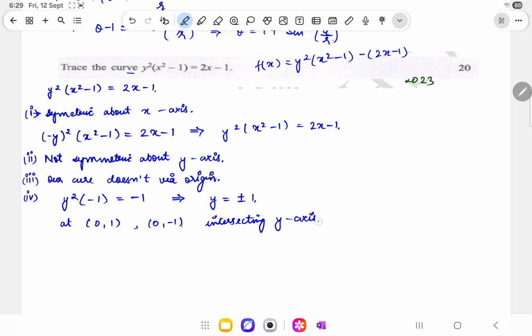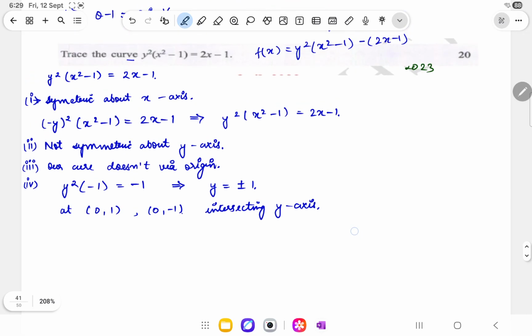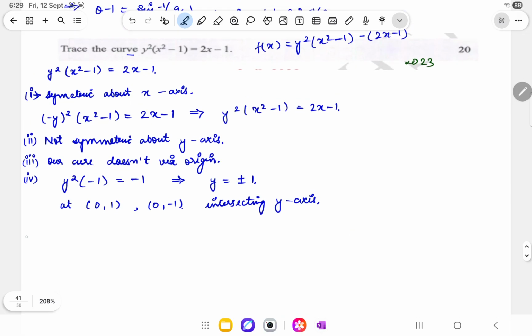y-axis. Now let's check the points where it intersects the x-axis. So we know that on the x-axis our y is equal to 0. So if in the given curve I put y equals 0, I'll be getting 0 equals 2x minus 1. So from here I got my x as 1 by 2.